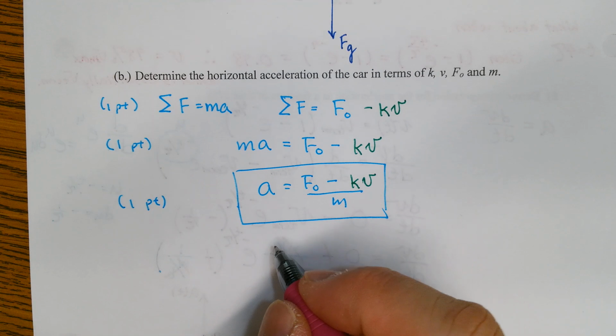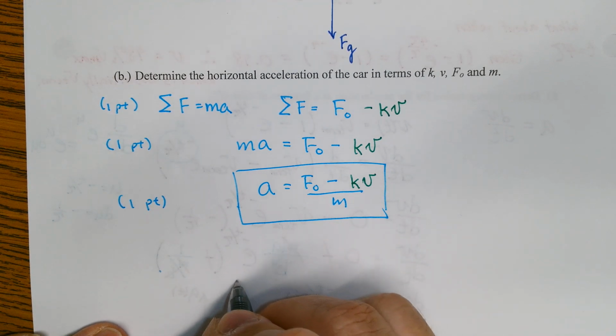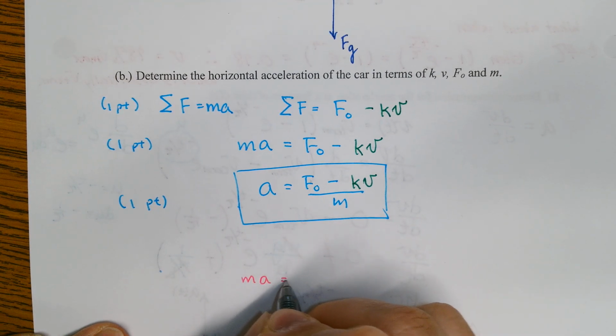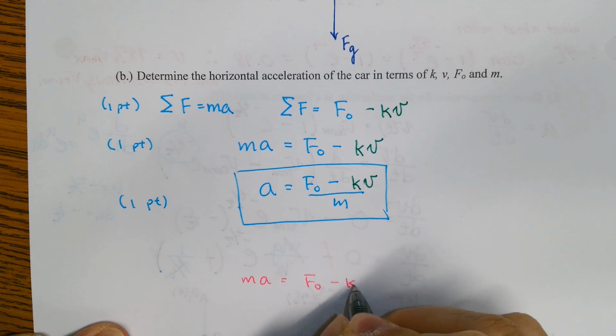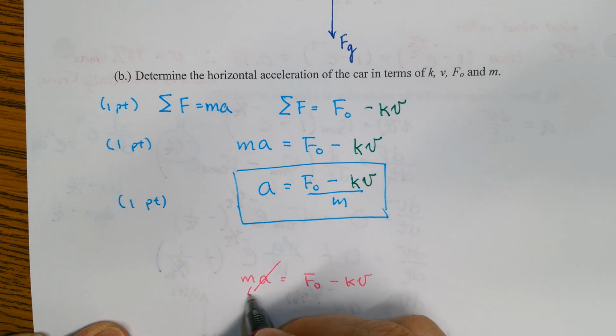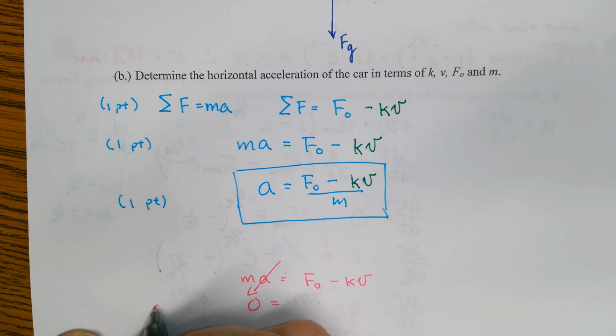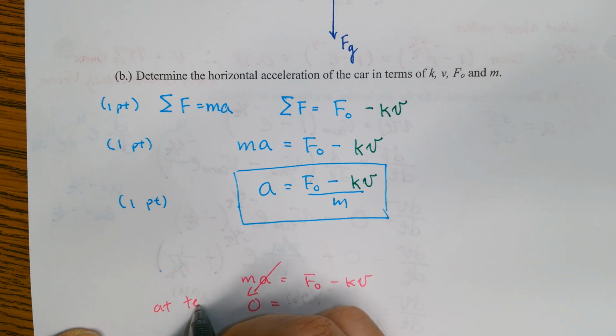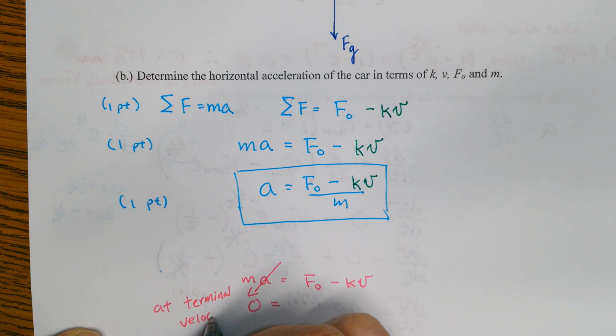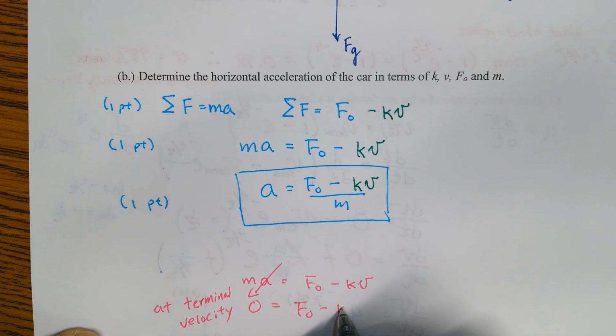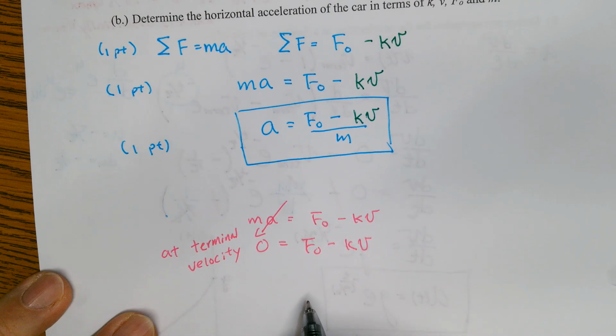Now, I know they didn't ask you for this. However, let's just say ma is equal to F naught minus kV, and the acceleration is equal to 0 at terminal velocity, right? Then F naught minus kV is equal to 0.